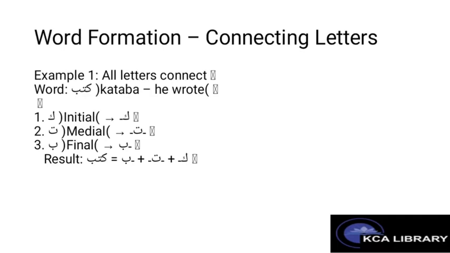Word formation, the mechanism of connection. Arabic words are formed by connecting letters in a continuous cursive system, just like we said. The process follows consistent rules: right to left, connection points, baseline alignment, and spacing between words.